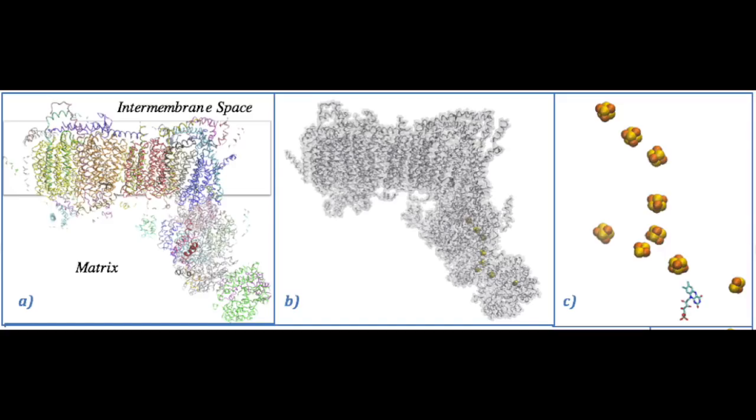This is an X-ray structure of this complex. In the first panel, panel A, each subunit is a different color, and so you can see why this is called a complex. In panels B and C, we see the actual electron carriers that are in this complex. These are iron-sulfur clusters and also FMN that are found in this enzyme.